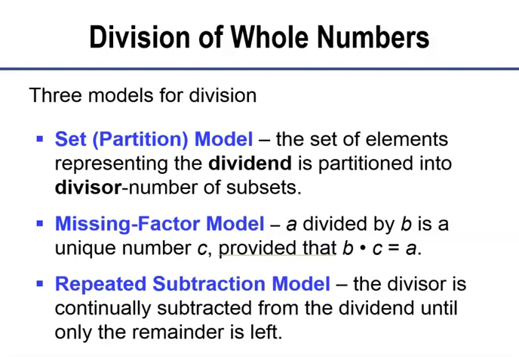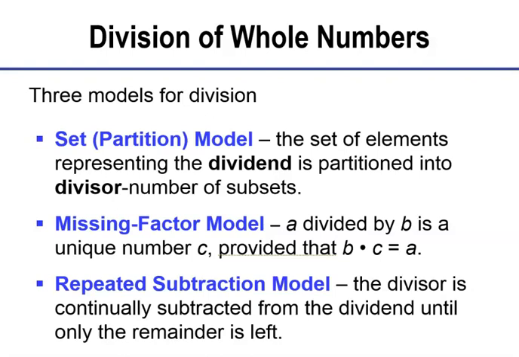The missing factor model: A divided by B is a unique number C provided that B times C is equal to A. So we use the missing factor model to explain that division is really the opposite, or the inverse, operation of multiplication.